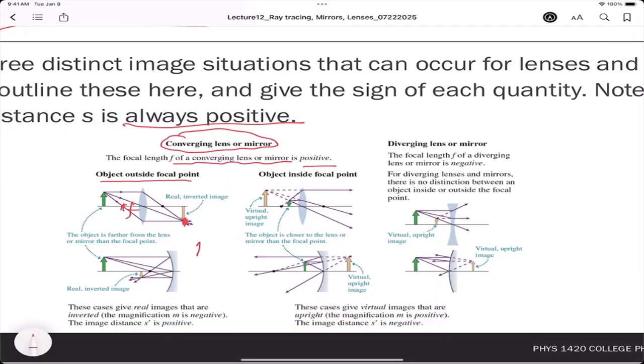This is for the convergent mirror: the real and inverted image is here.